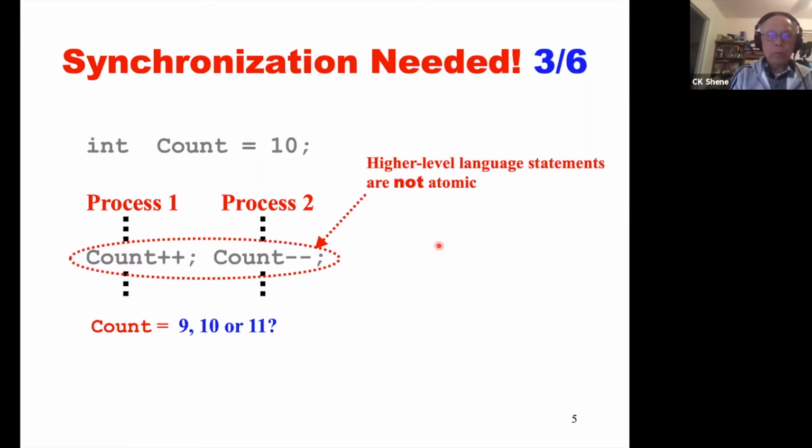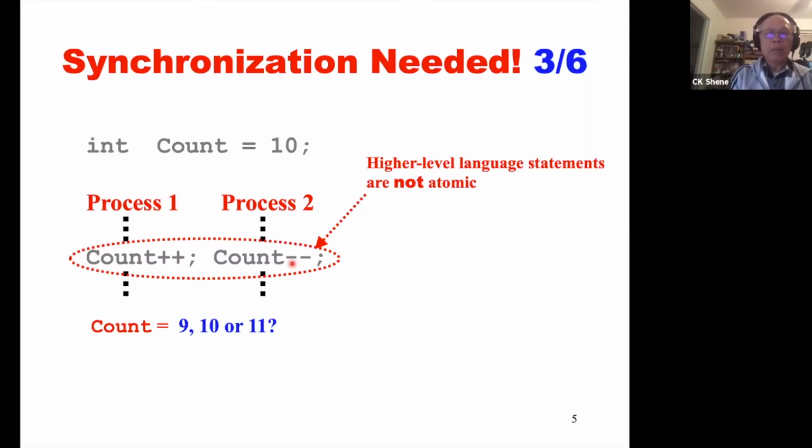So the compiler, when compiling the program for process 1, will translate count plus plus to a number of instructions. The compiler will do the same when translating count minus minus to some instructions.